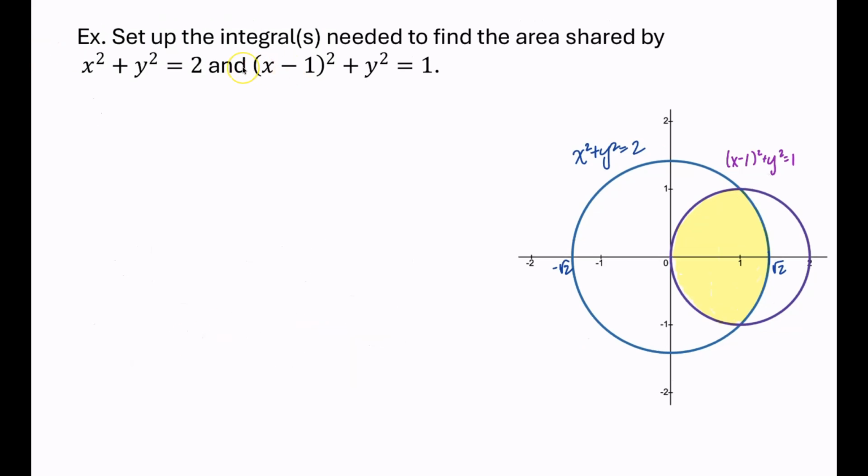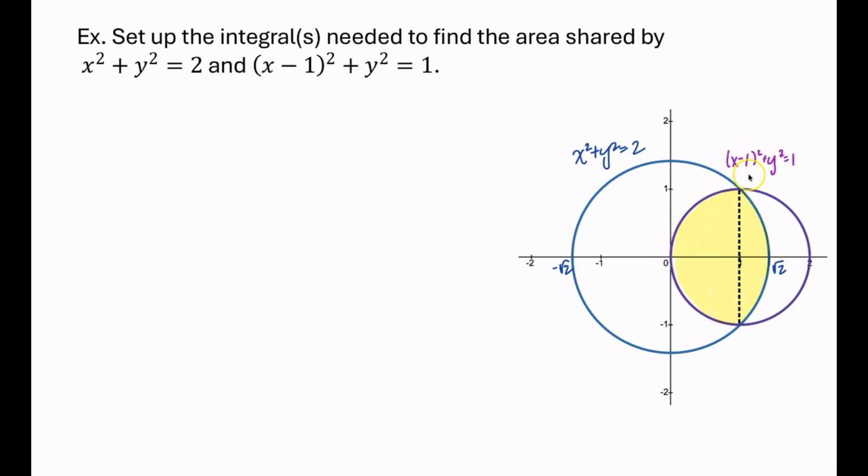Before moving on, I do just want to mention, if we really wanted to do this in terms of x's and y's, then we'd want to, again, think about splitting it up here and doing a top minus bottom situation. This side from 0 to 1, we're actually on the purple equation, so I'd have to solve this for y. In order to do that, I would subtract this quantity, x minus 1 squared, and then take the square root.